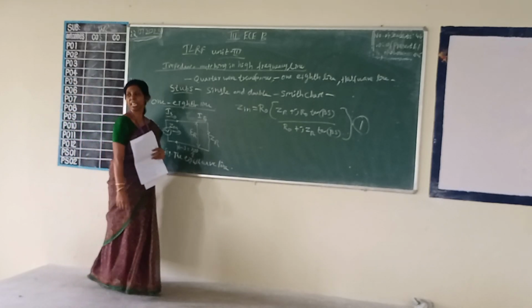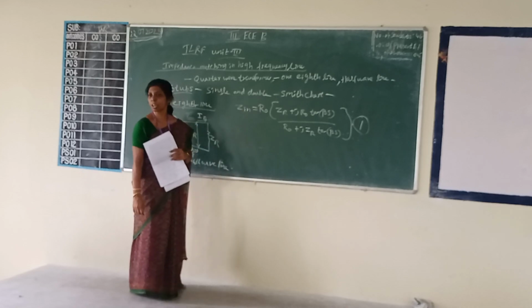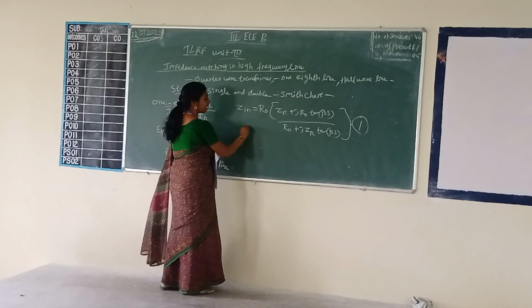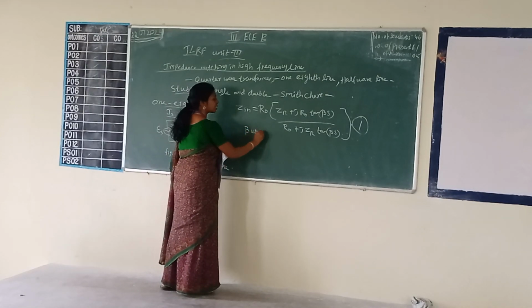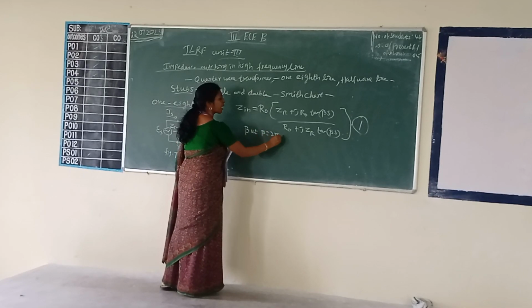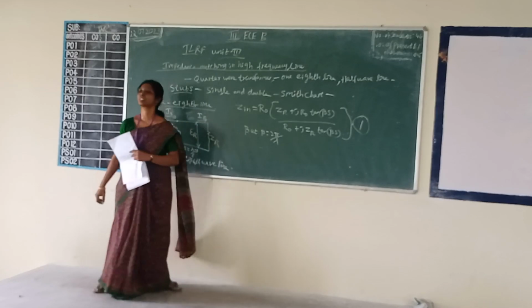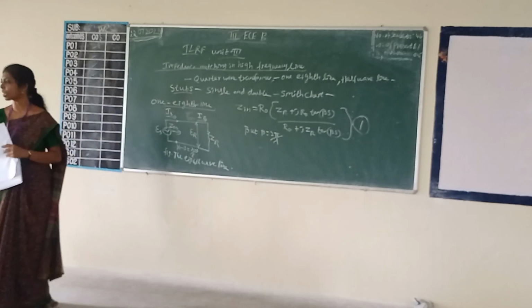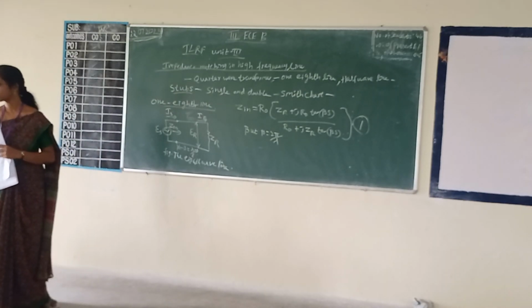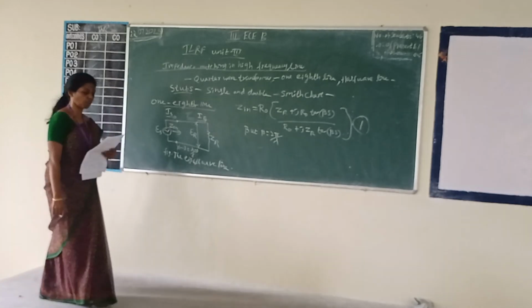So what is the beta value? Beta is equal to 2 pi by lambda. Substitute first the beta value, then only you can substitute lambda by 8, right? So substitute in this equation 1.